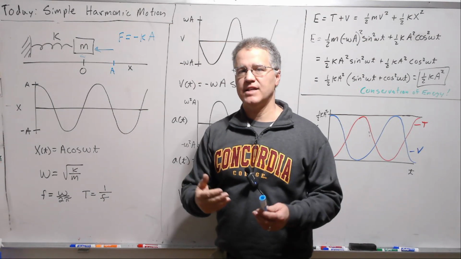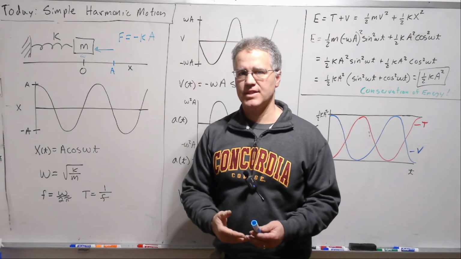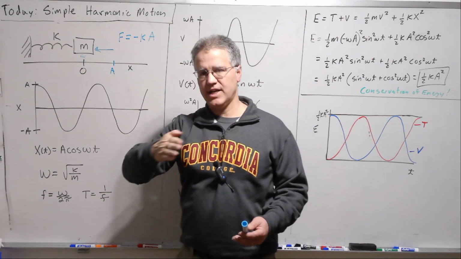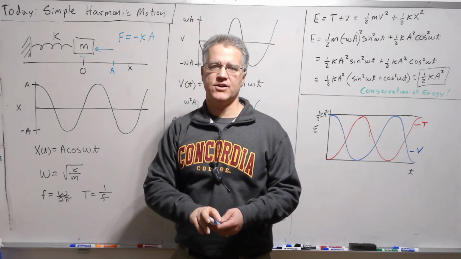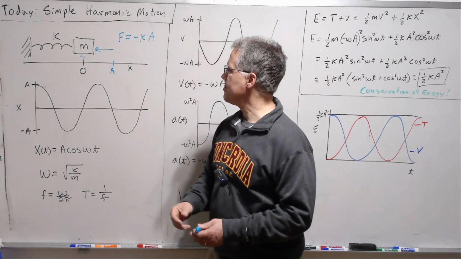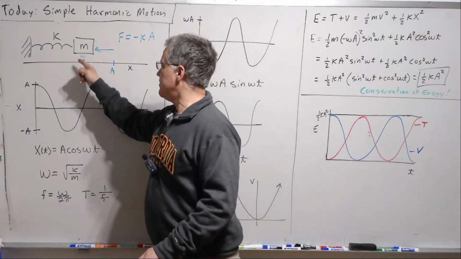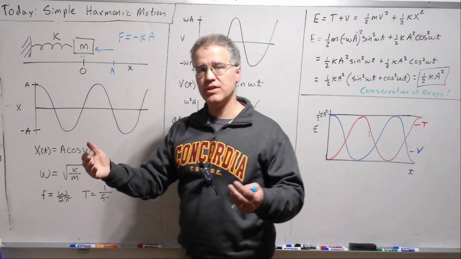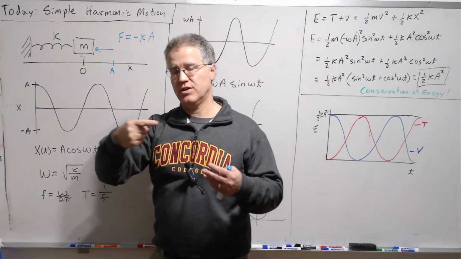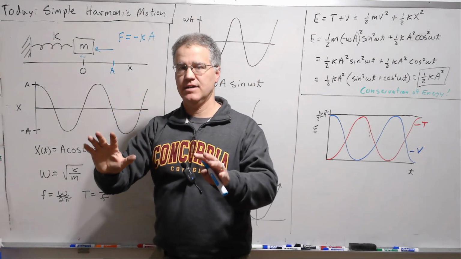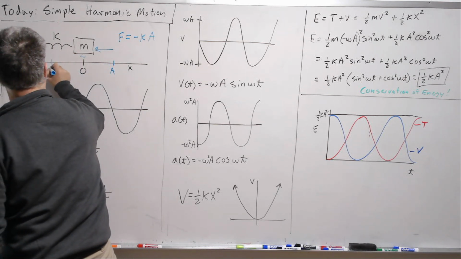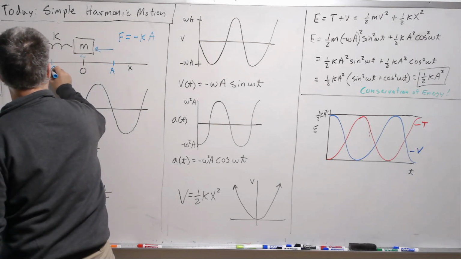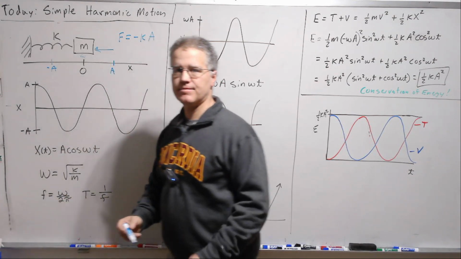It will be moving at its maximum velocity because it's been accelerating that whole time, and we'll have the maximum kinetic energy and no potential energy. Now, as it starts to pass through here, it will experience an opposing force, so that will decelerate the mass, and it'll keep decelerating until it stops at minus A.